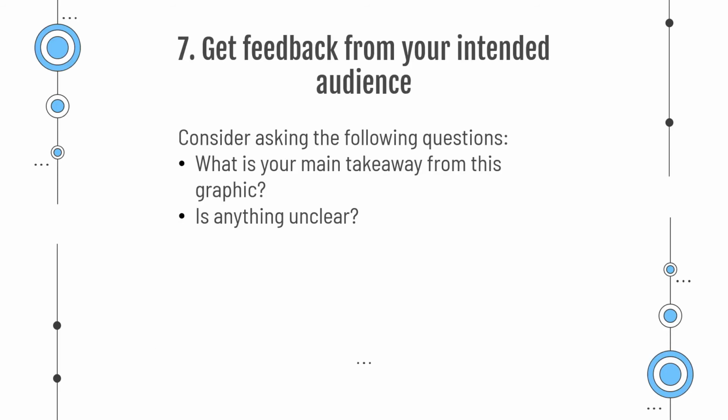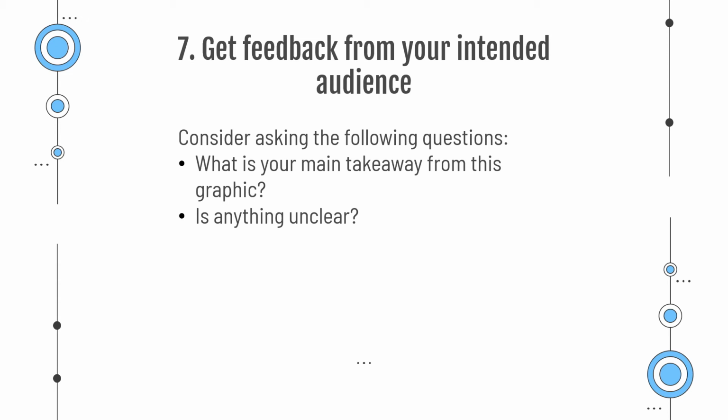The final step when creating any kind of data visual is to get feedback from your intended audience. Whether that's one person, which is great, whether that's multiple people, which is even better, consider asking anyone looking at your visual the following questions. What is your main takeaway from this graphic? So this is seeing whether they understand the message that you're trying to convey, and asking if there's anything unclear.